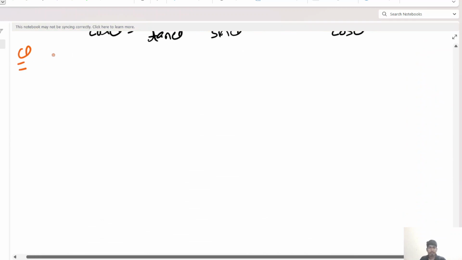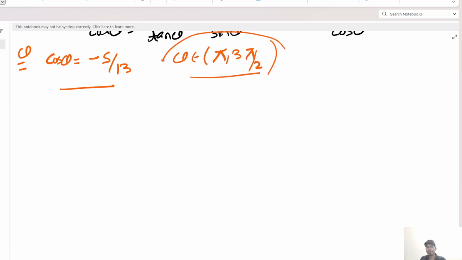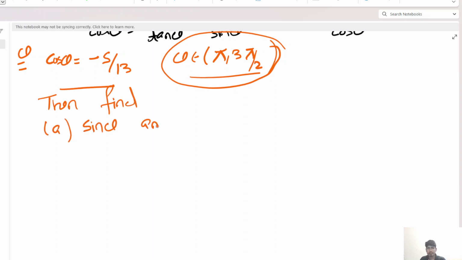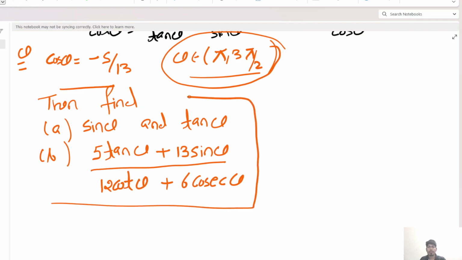If cos theta is minus 5 upon 13, and theta belongs to pi to 3 pi by 2, means this is our third quadrant, then find first sin theta and tan theta, and second, the b part: 5 tan theta plus 13 sin theta upon 12 cot theta plus 6 cosec theta. These two we have to find.